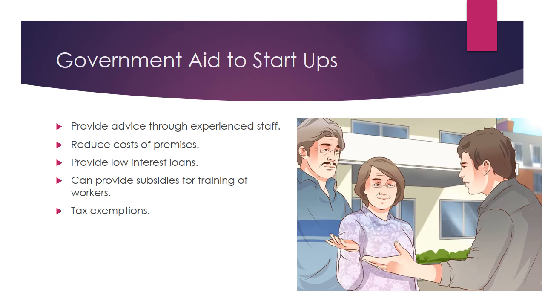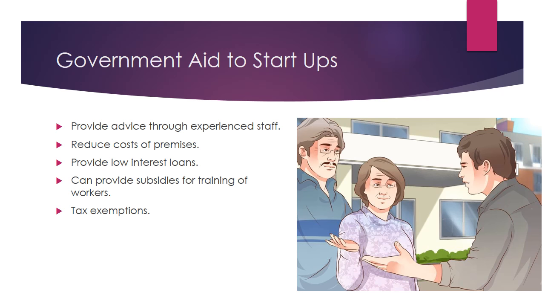They might, because you're a startup business, reduce the rent, or reduce the purchase costs of certain land. They might provide you loans from the National Bank at lower interest rates, and they could provide you subsidies for training of your workers.